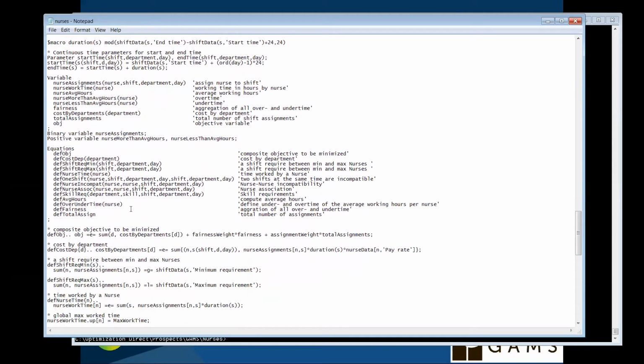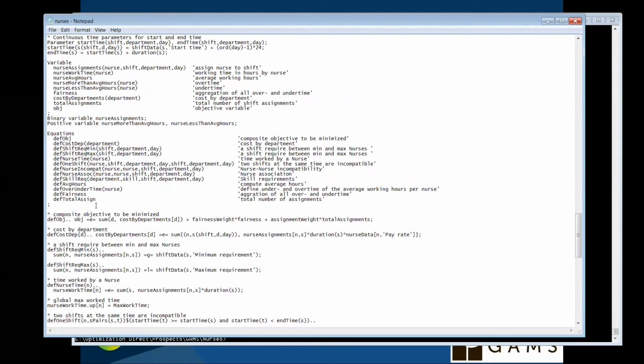We've got a variety of variables looking at, for example, how long each nurse works, how long they work on average, whether they work more or less than average, some measure of the fairness of the assignment, and looking at costs borne by each assignment, by each department.